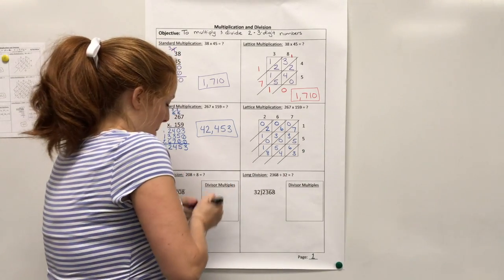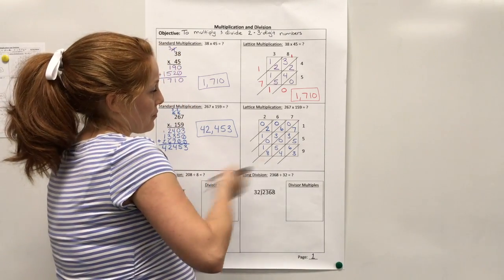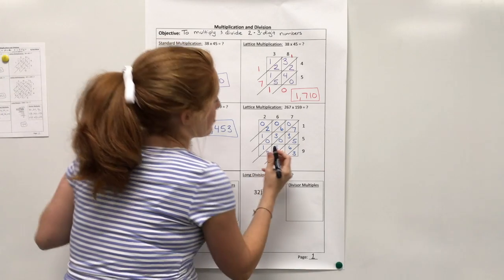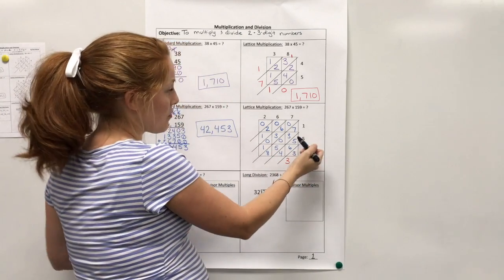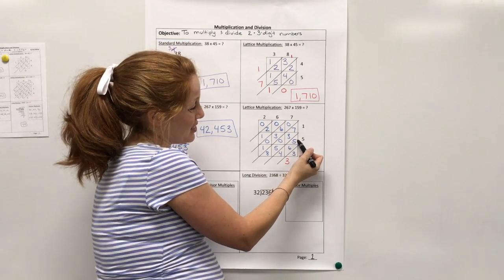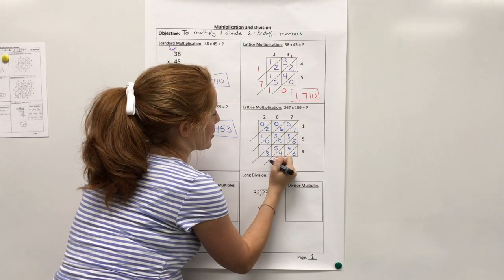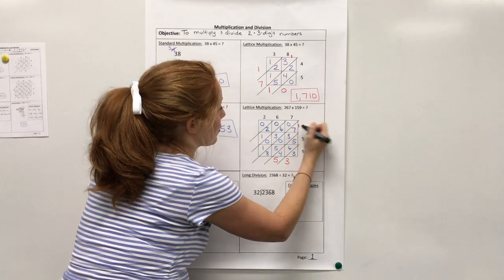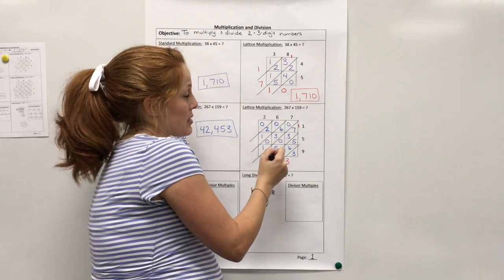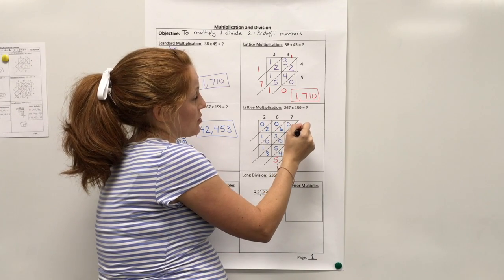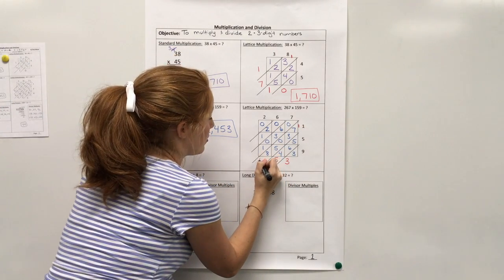Now I'm going to add at the diagonal. So the first diagonal, there's just a 3, so 3. Next, 6 and 5 is 11, 12, 13, 14, 15. I put the 5 here. I have to carry the 1 to the next diagonal. 8 plus 5 is 13, 14, 15, 16, 17, 18, 19, 20, 21, 22, 23, 24.